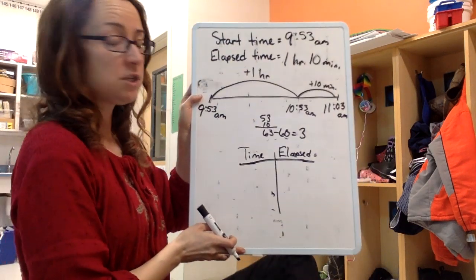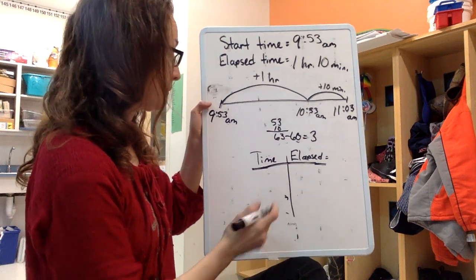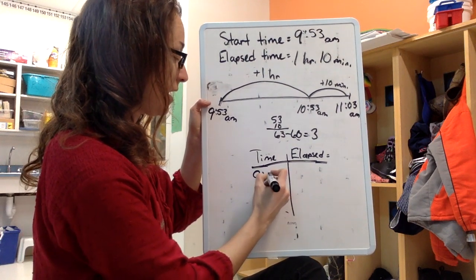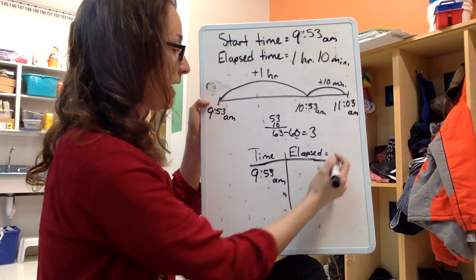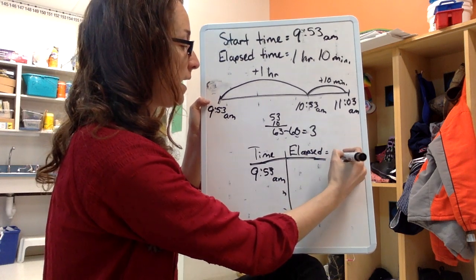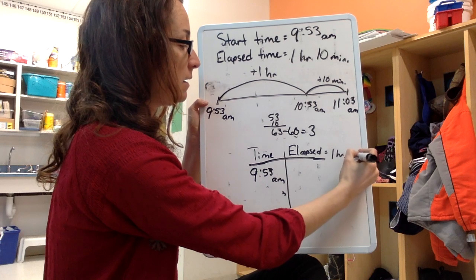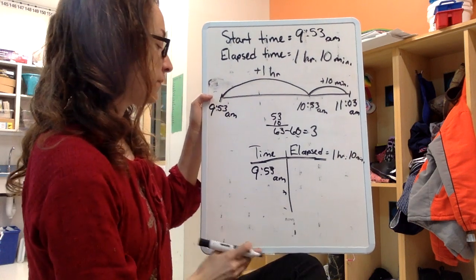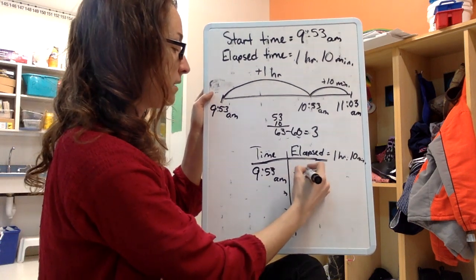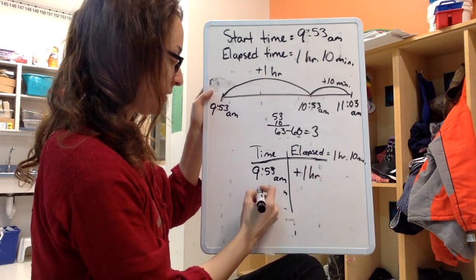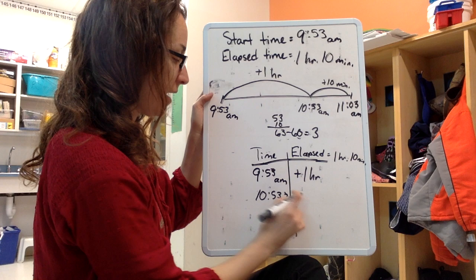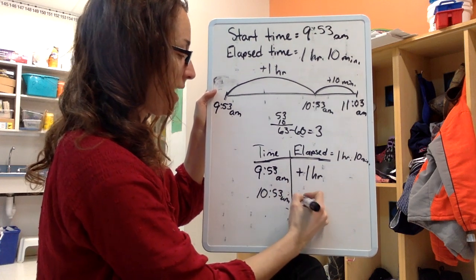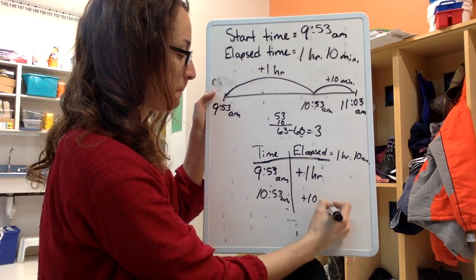Okay, so that's the use of our number line. Now I'm going to go to our T-chart and do the same type of thing. So I have a start time of 9:53 a.m. My elapsed time is 1 hour and 10 minutes. Now I'm going to add my 1 hour. That's going to bring me to 10:53 a.m. Then I'm going to add my 10 minutes.